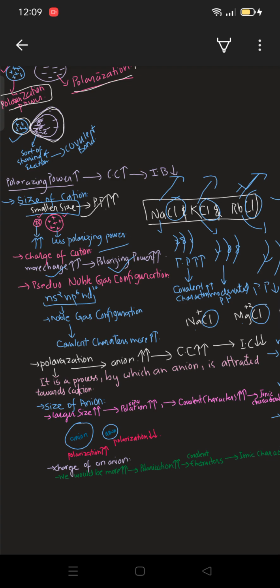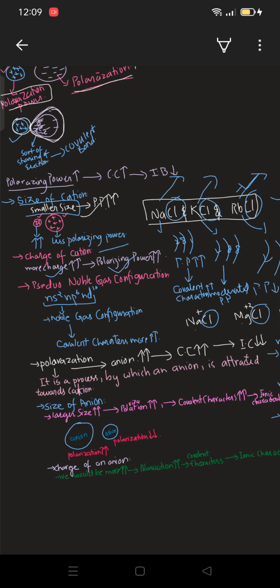Covalent bond is nothing but the sharing of electrons. So the anion shows that it is sharing electrons with the cation. This is what we call covalent character, so covalent character is found in an ionic bond.